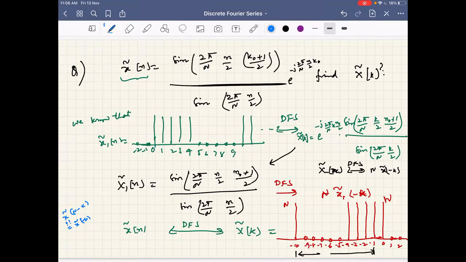Actually, the ninth sample is the first sample, sir. Right, the ninth sample is the first sample. So you mean to say that this is what you are saying? Yes, sir.